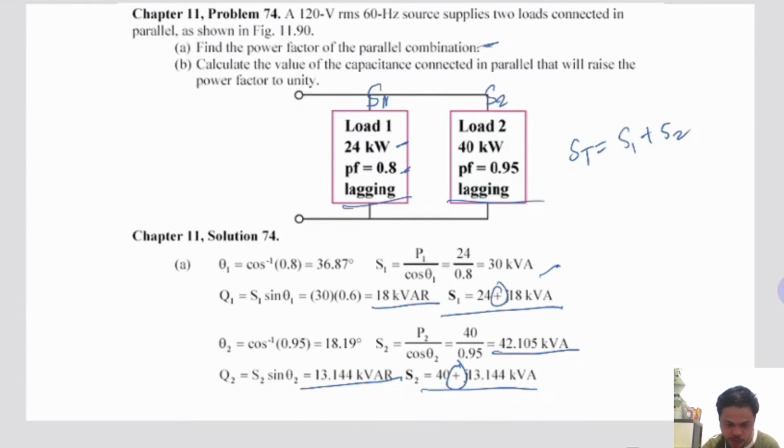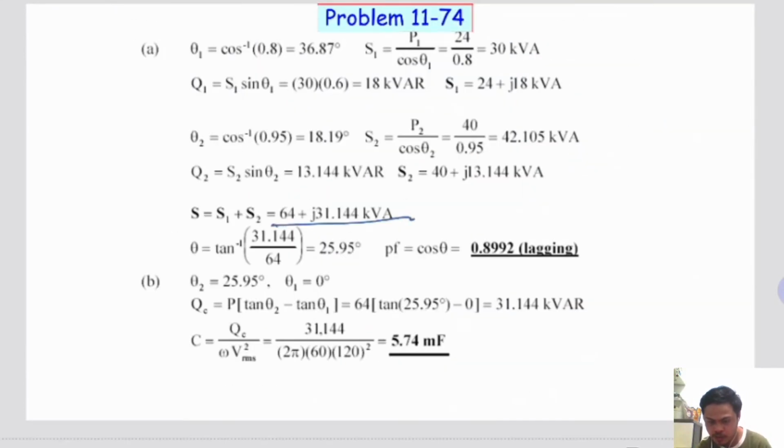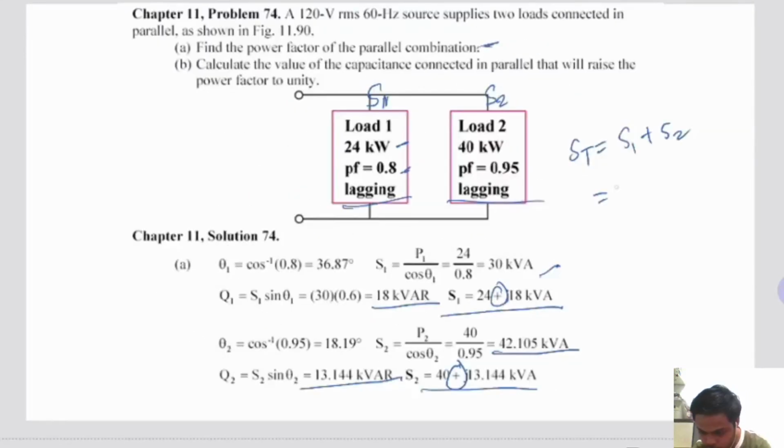So therefore, the total power is 24 plus 40, you have 64, plus j(18 plus 13.144), which is 31.144. So this is now the S total of our circuit.